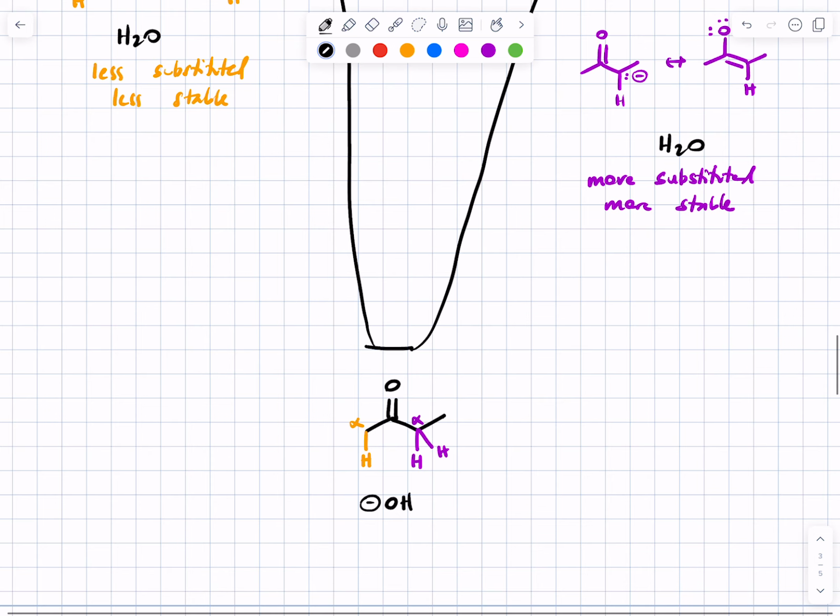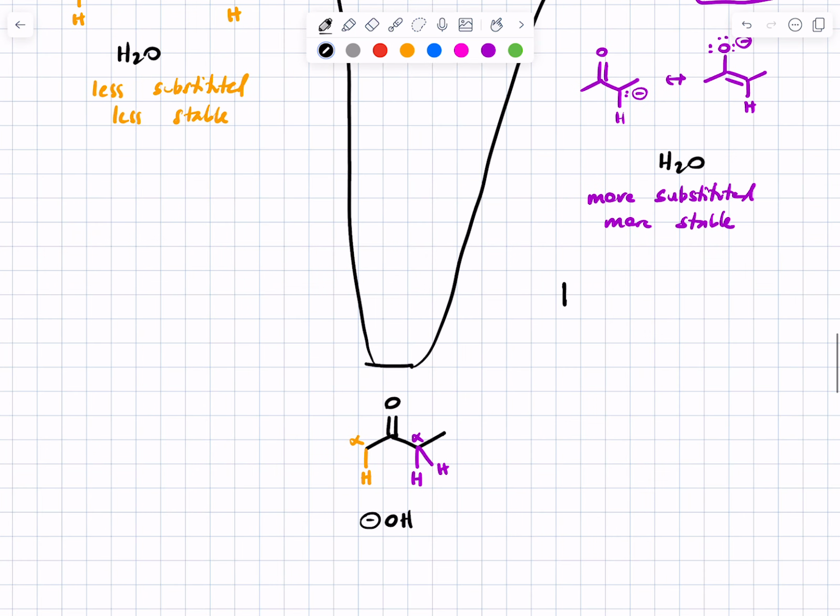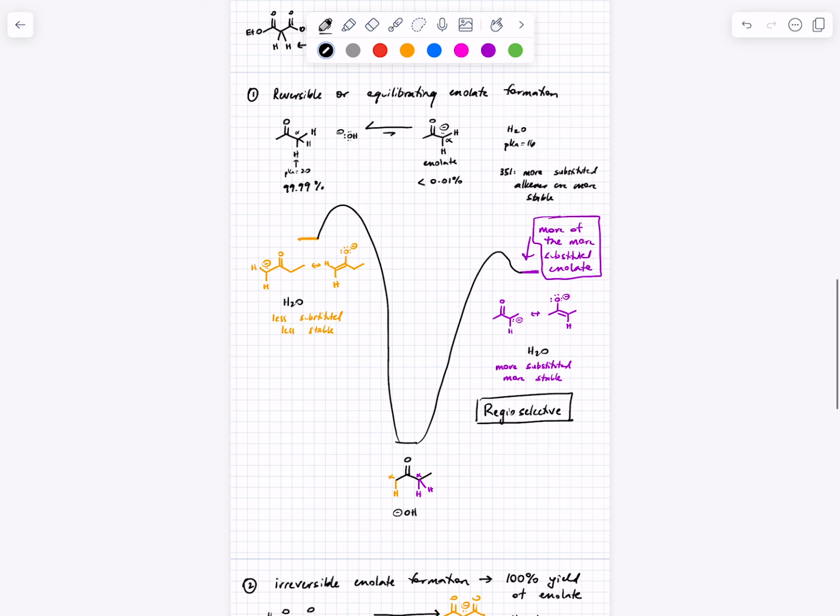The word, when you get preferential reaction at one of two options, is called regioselective, where regio means a different region of the molecule is reacting. So reversible enolate formation conditions are regioselective for the more substituted enolate.